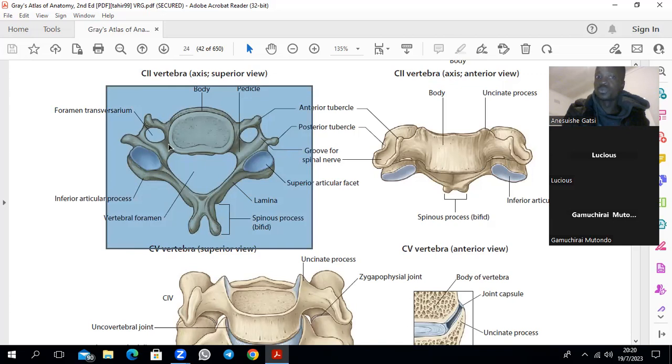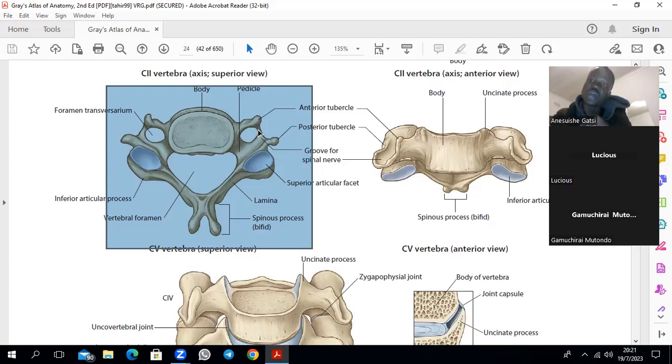Then I mentioned this unique feature for cervical vertebra, that they have a transverse process with a hole. That's what we call the foramen transversarium. What do I find in this foramen transversarium? Whenever I see a hole in anatomy, something is definitely going to be passing through. More likely going to be an artery, a vein, or a nerve. In this case, the foramen transversarium allows passage of the vertebral artery and the vertebral vein.